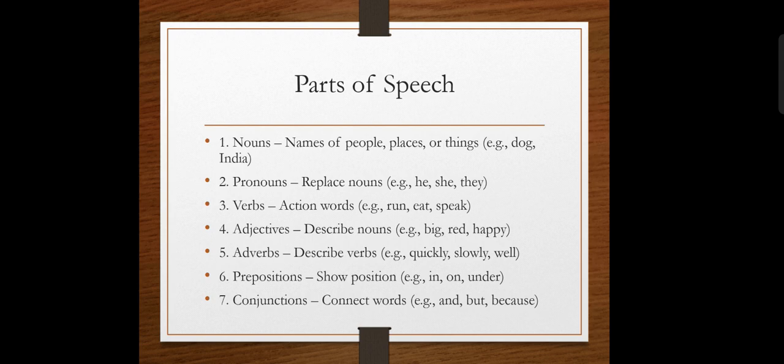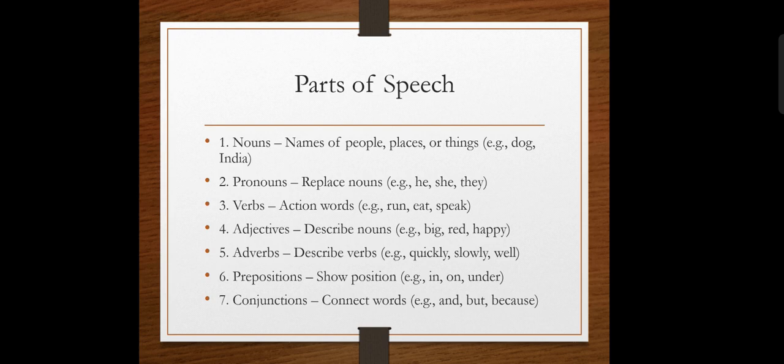And there are adjectives. Adjectives are words that describe nouns, which means if there is a dog, and the dog is big, so a big dog. A red book, a happy soul. All these kinds of words, big, red, happy, modify the noun. So that's why we call them adjectives.